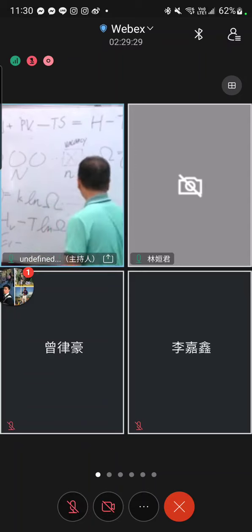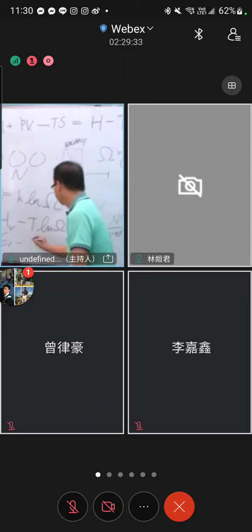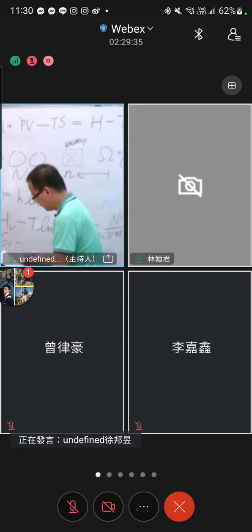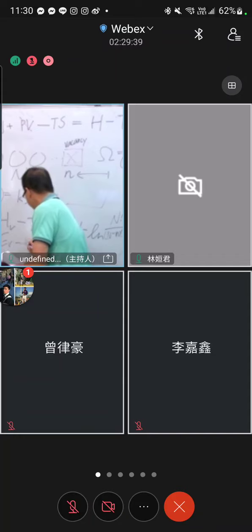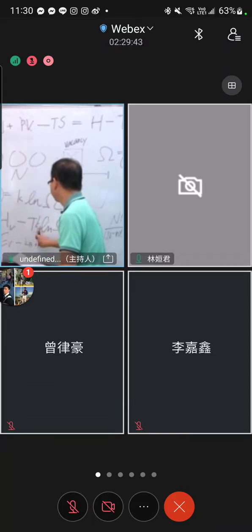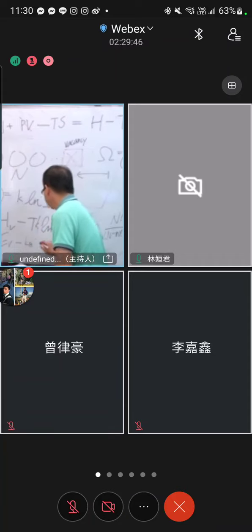Then I connect this enthalpy to number and take the natural log. In K, I forgot the Boltzmann constant, sorry.